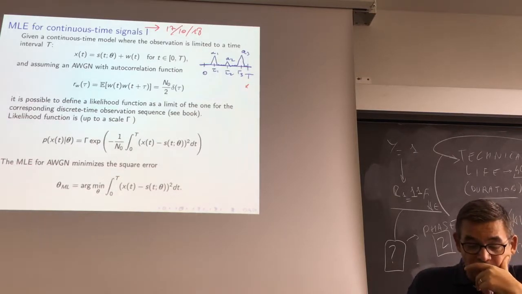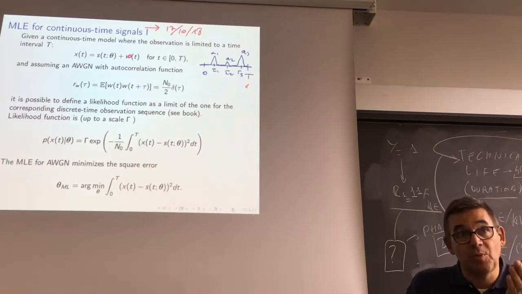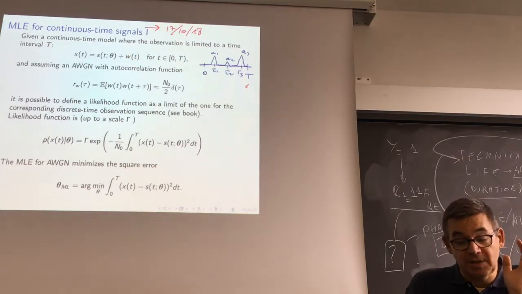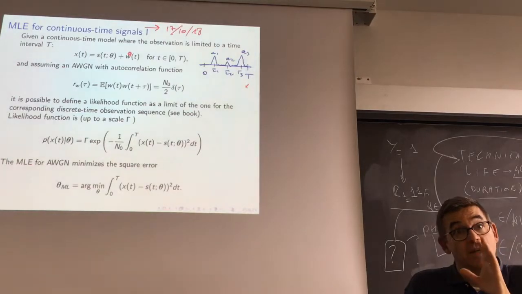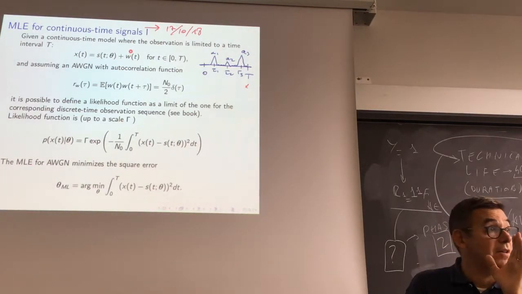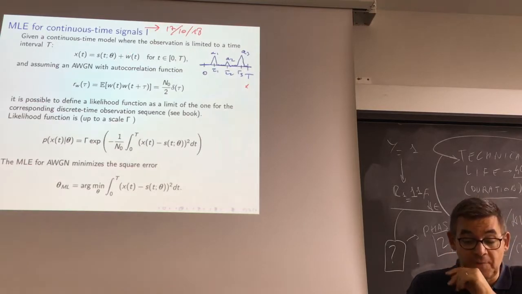Now let's assume also that the noise W, which is superimposed on the data, is white. So what does it mean? It means that W is a stationary white process, Gaussian, and then since it is white, it is characterized by the power spectral density.